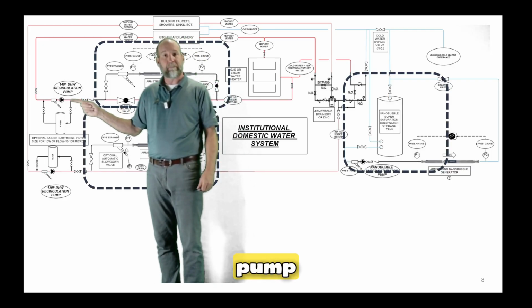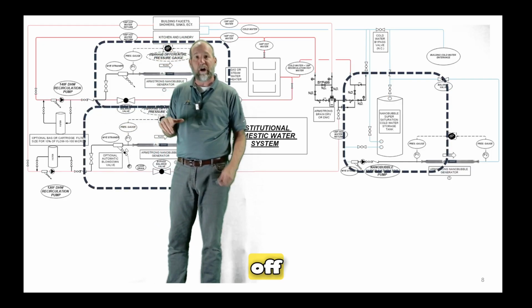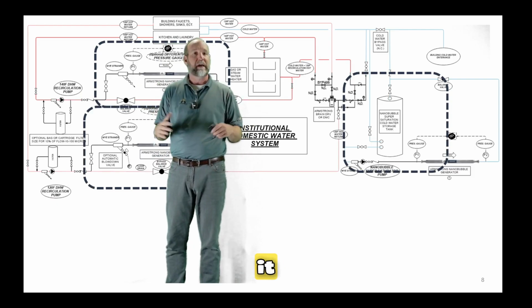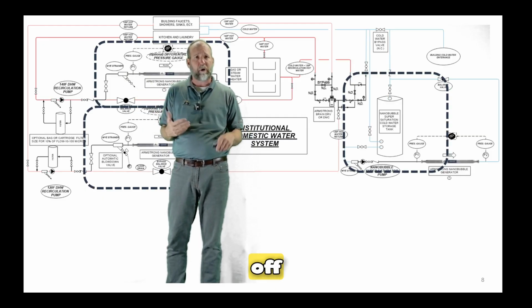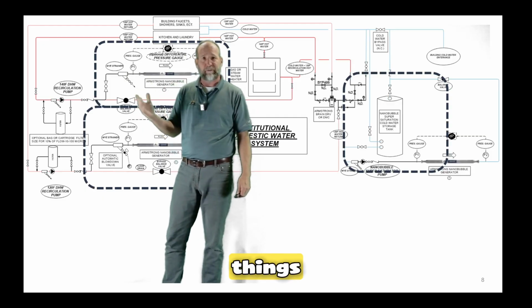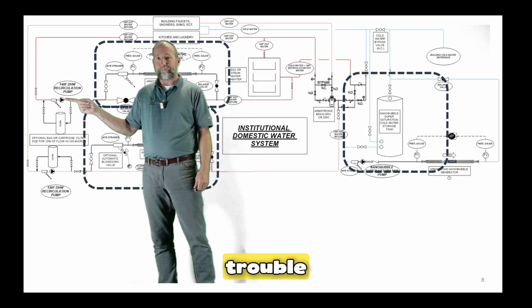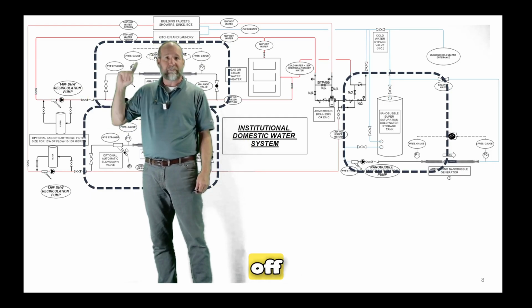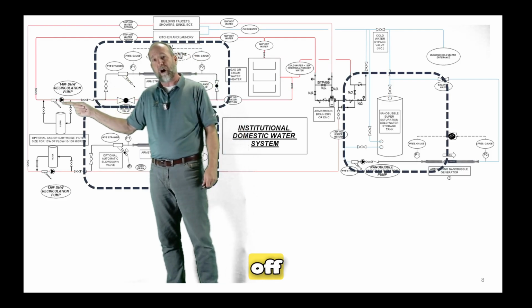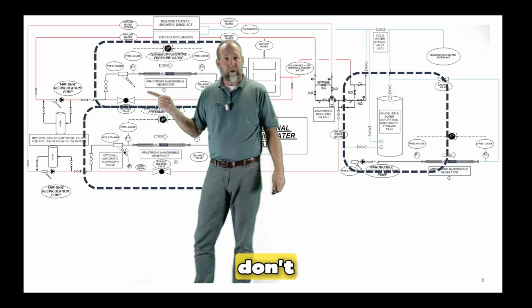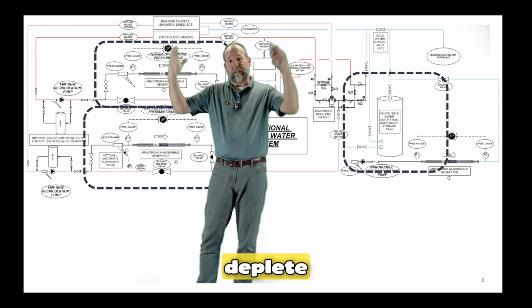Also, make sure that that pump is not set to turn off. Make sure it doesn't have an aquastat on it. Make sure it's not on the BAS system where they say, oh yeah, at night we turn that pump off, okay? I see those types of things, because I'm trying to keep you out of trouble. Just because that pump turns off and nobody complains, it might not be any big deal. But if that pump turns off and it's not flowing, we don't have any nanobubbles being made, so we deplete all of our nanobubbles.